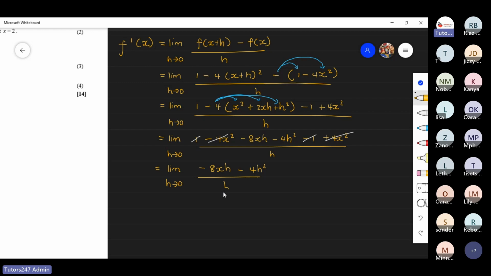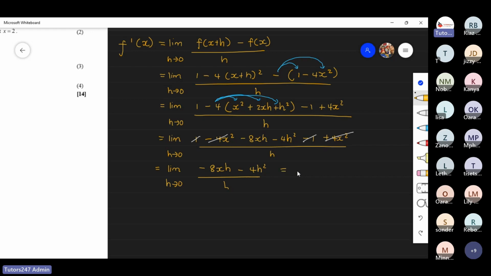So if you notice, we are now in a position whereby we can get rid of the denominator h. If we take out a common factor from our numerator, we will cancel out our denominator. So if you look at negative 8xh, our common factor is h. If you look at negative 4h squared, we can remove an h from there as well.